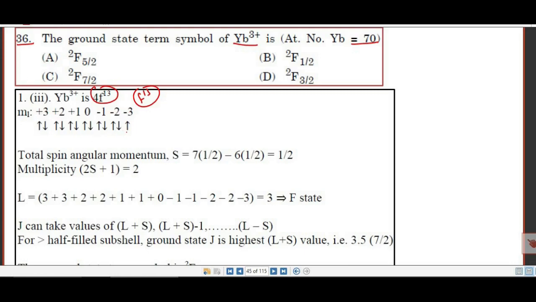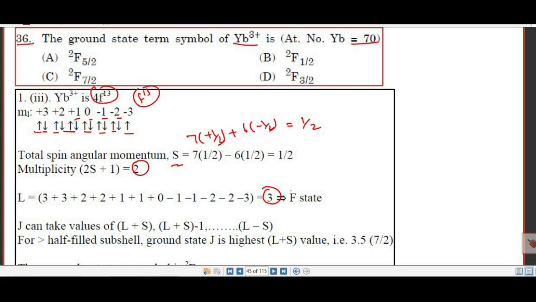To arrange all 13 electrons, the spin is plus for 7 electrons, and minus for 6 electrons. So total spin S is 1/2. 2S plus 1 is 2. This multiplicity is 2. For the L value, we will get L equal to 3.